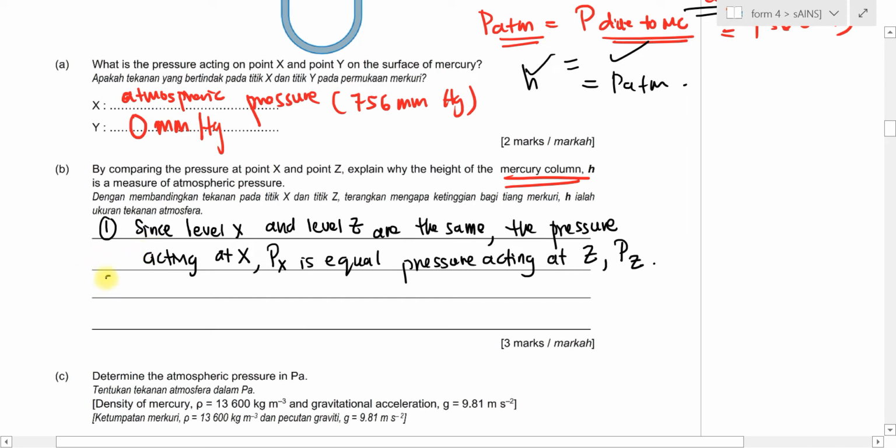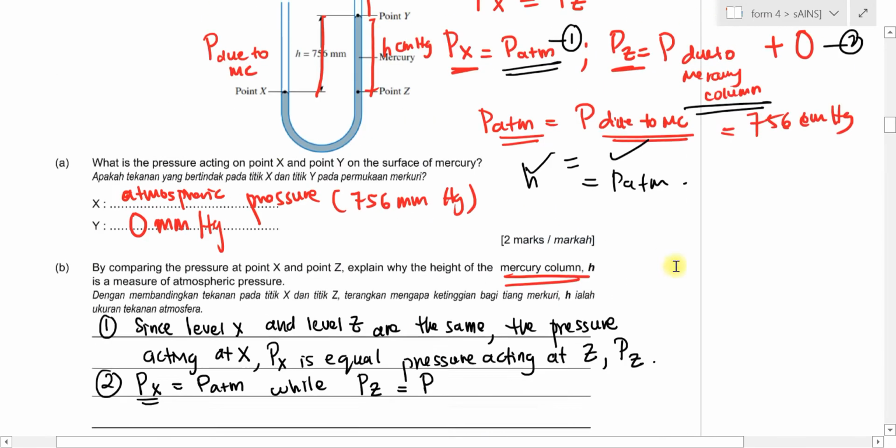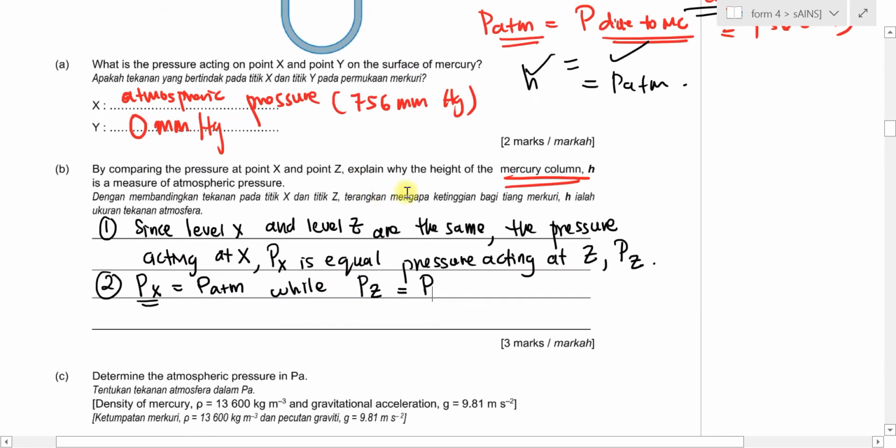Second point, pressure X, you also can write like this, doesn't matter. Pressure at X is equal to atmospheric pressure, which is why I introduced Px in point number 1, the pressure acting at X. Pressure ATM is equal to pressure X, while pressure Z is equal to the pressure due to the mercury column.